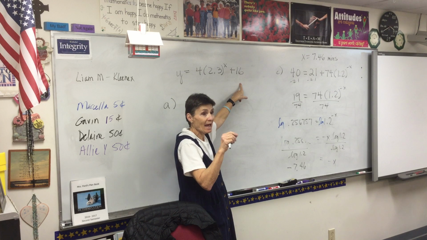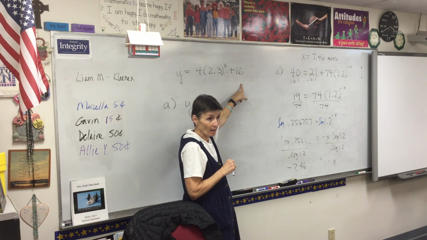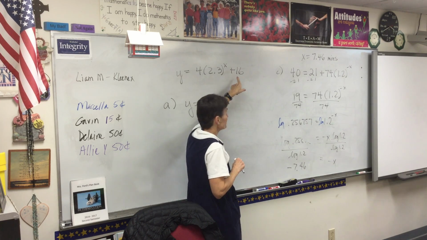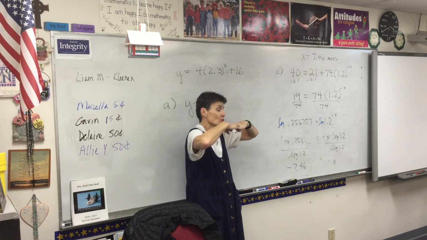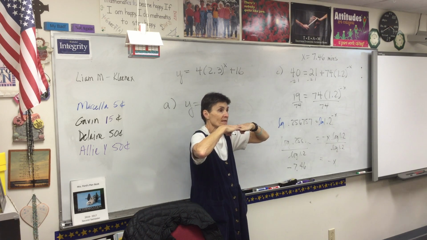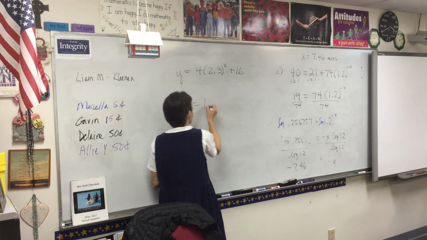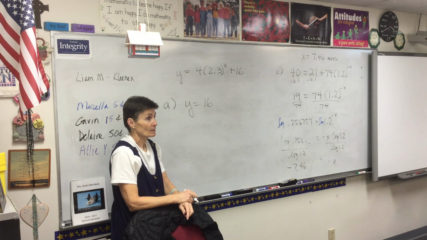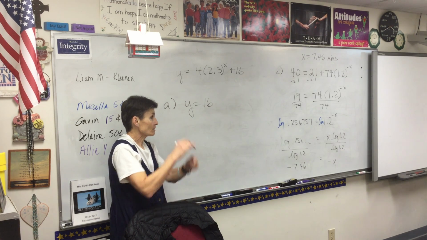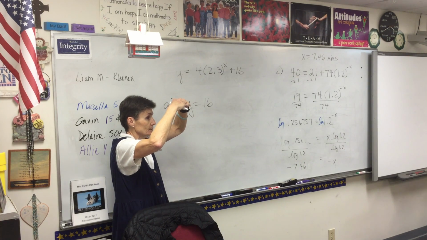Because what does an add or subtract on the end of the problem do? Moves it up or down. So this moves up 16. The horizontal asymptote is supposed to be at 0, but because of that plus 16, the whole graph has been moved up. So your horizontal asymptote is at 16. That's like the room temperature. The room temperature is 16.